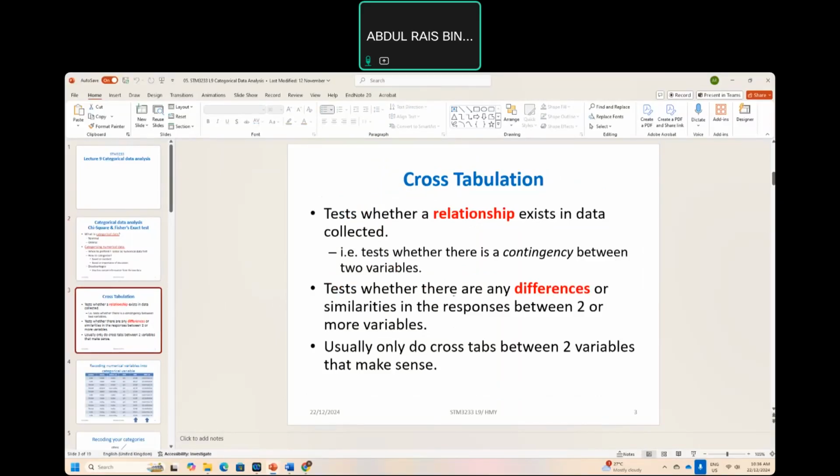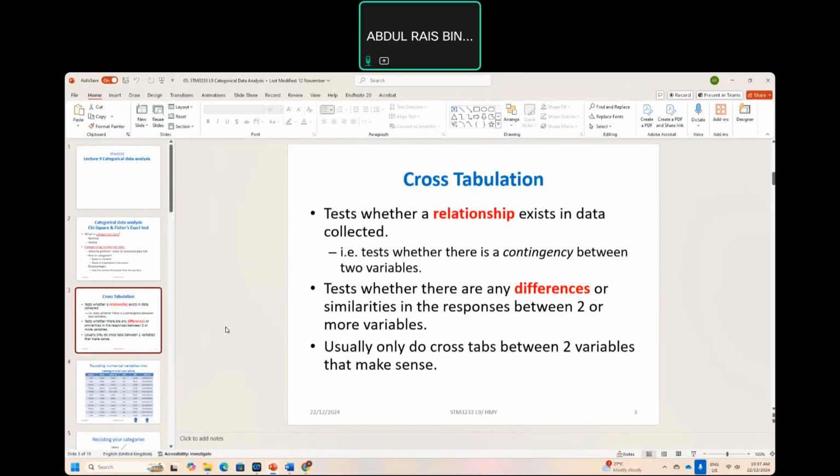Test valuation, whether the different similarities respond, dan berbeza dengan ANOVA t-test ataupun paired t-test, the concept of calculation for chi-square bukannya mean score ataupun median score. Chi-square ni dia punya hukum calculation dia is based on frequencies, the n value.